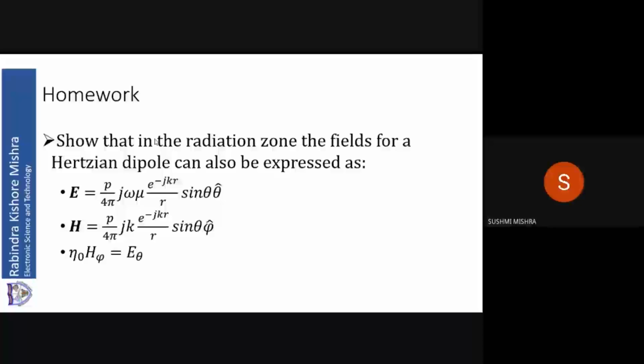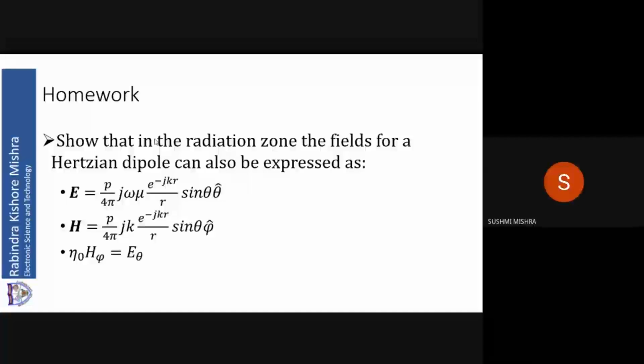I hope you remember when we discussed this point dipole in the initial part, I said that it is a spherical wave. The wave front is spherical. Now, in the far field, something interesting happens. In the far field, eta 0 h phi is equal to E theta, or eta 0 h is equal to E. The far field fields are h phi and E theta. Now this is a condition which is satisfied for plane waves.